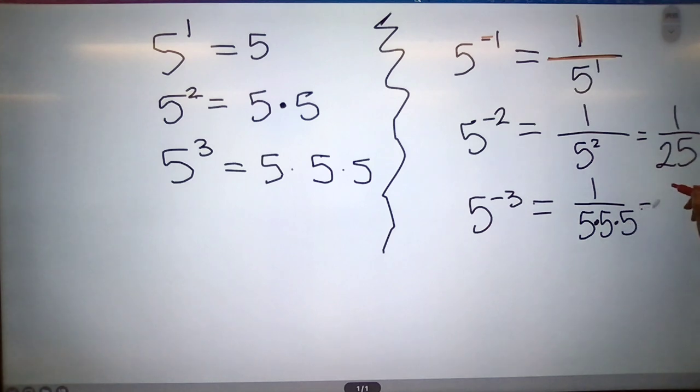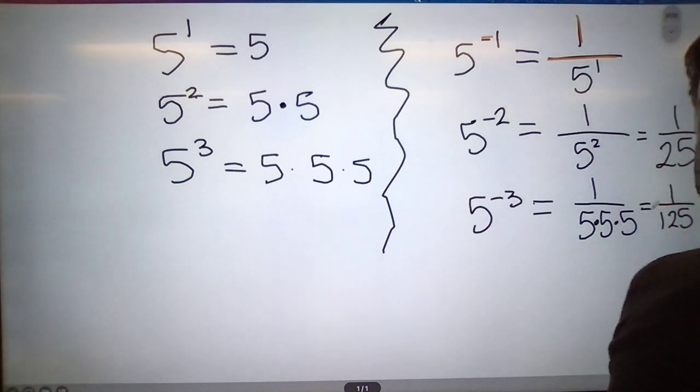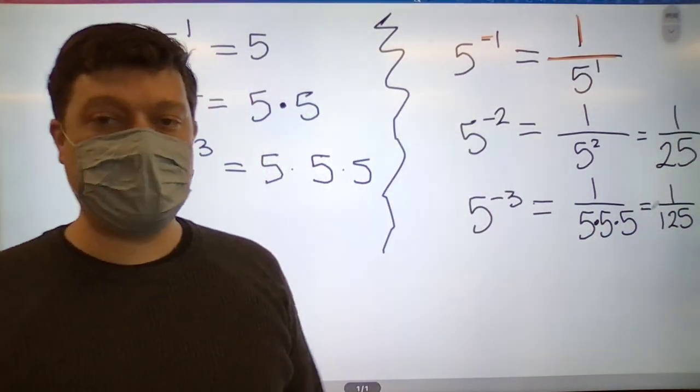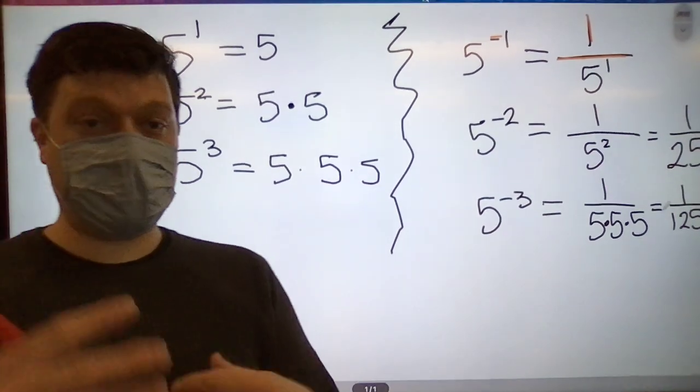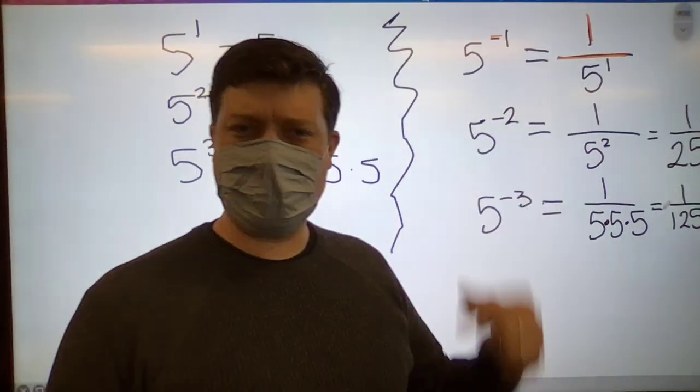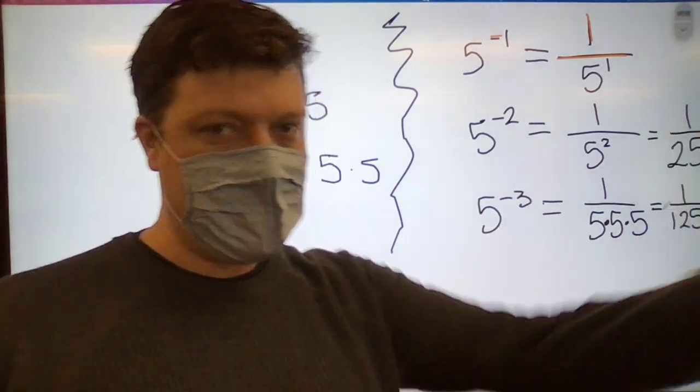You get your calculator out, you realize 5 times 5 times 5 is 125. So whether you have a positive exponent or a negative exponent, that tells us how many times we're going to repeatedly multiply out. I guess the negative tells us how many times we're going to repeatedly divide out.